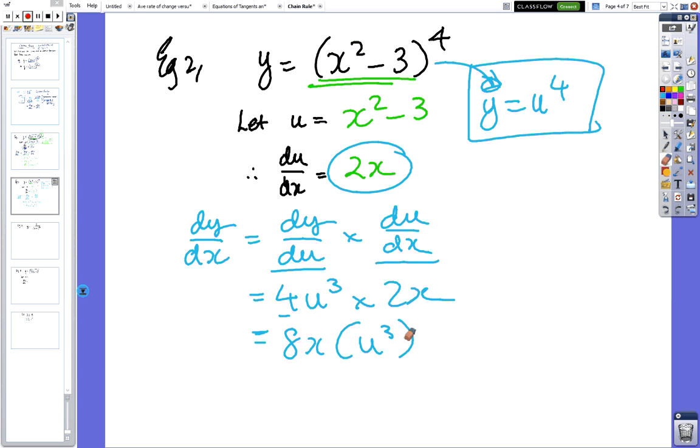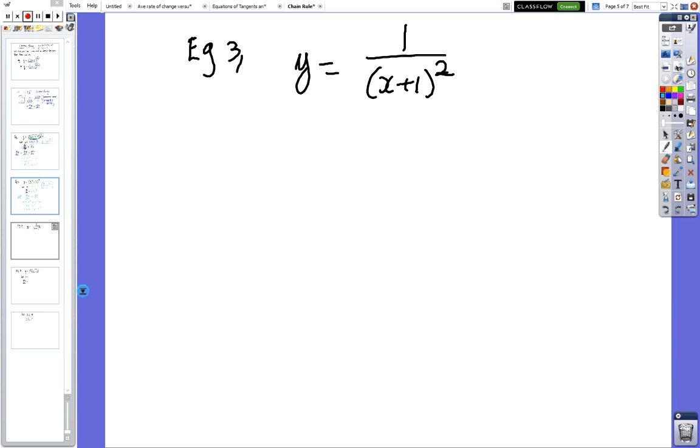We don't have to put it in brackets. And then finally, u comes back as x squared minus 3 to the power of 3. Okay, so copy that, come across, we'll do another one with negatives and one with fractions.